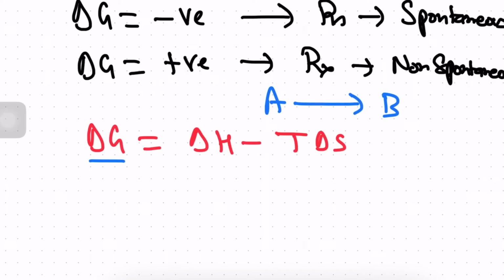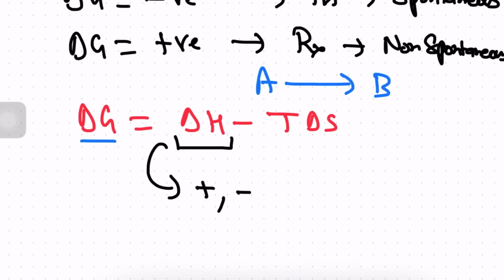This value of delta G depends on the value of delta H, on T, and on delta S. The change in enthalpy can be positive or negative. In the same way delta S can be positive or negative, and temperature as well.